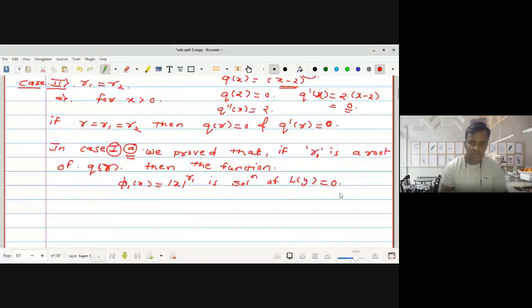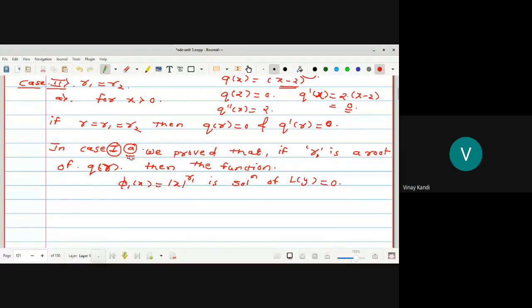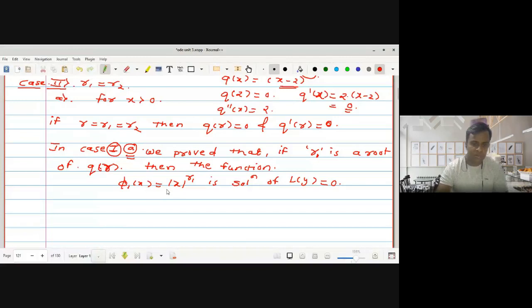In case 1, part a, we proved that phi 1 of x is equal to mod x raised to r1.